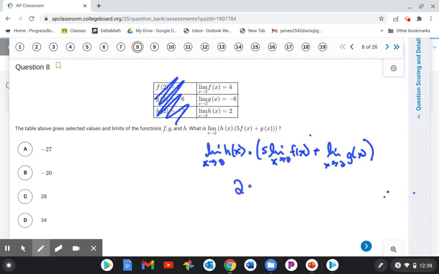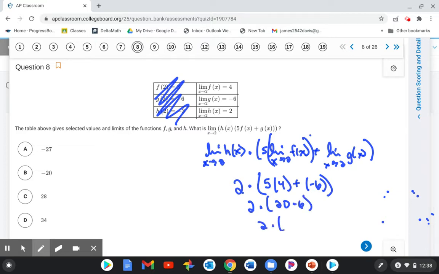So it's going to be 2 times, and then I'm going to put another set of parentheses here, 5 times limit as x goes to 2 of f of x, which would be 4, plus the g of x, which is negative 6. And then we just need to evaluate this. 2 times, order of operations, 20 minus 6. So 2 times 14, which is 28.